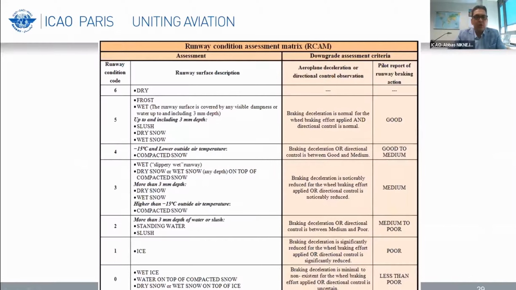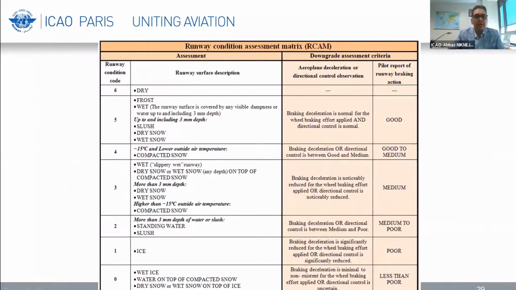Runway condition code is linked and was determined through studies by the Friction Task Force with the support of manufacturers, airlines, operators, etc. It's from 6 to 0, and this 6, which is the best condition, to 0, which is the worst condition, is linked to the runway surface contaminant type.